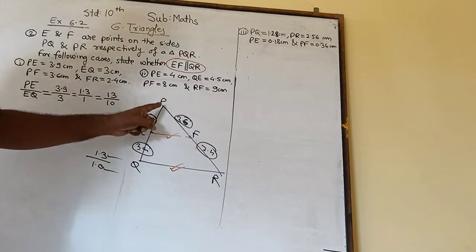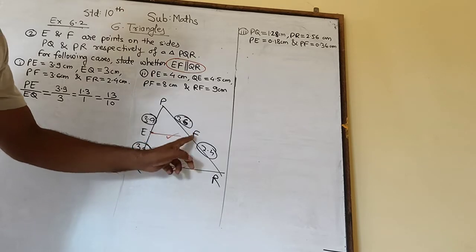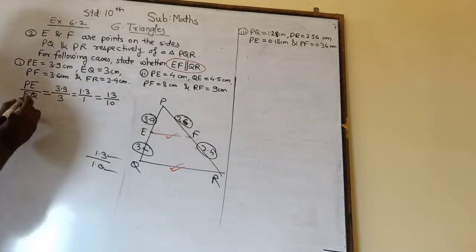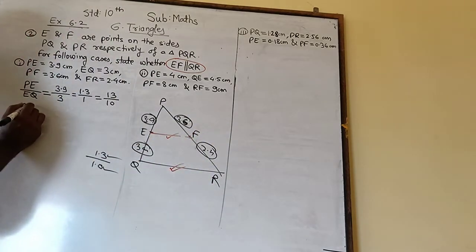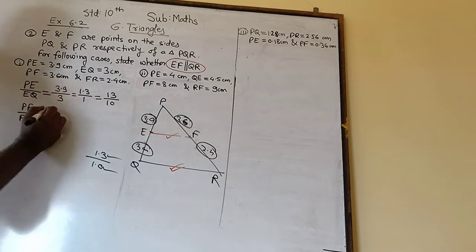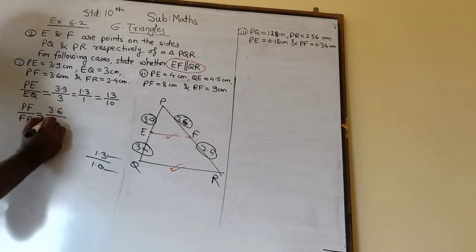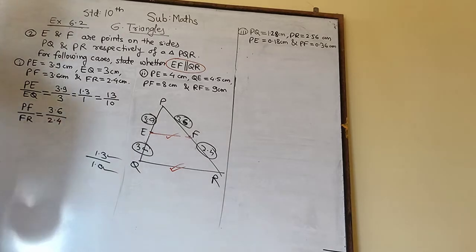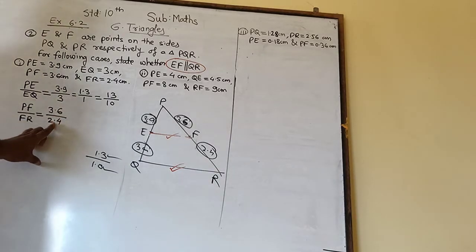Now we have to focus on PF upon FR. So students, I am writing here PF upon FR. It is 3.6 upon 2.4. Now students, after the decimal point, one digit is there in the numerator as well as in the denominator.